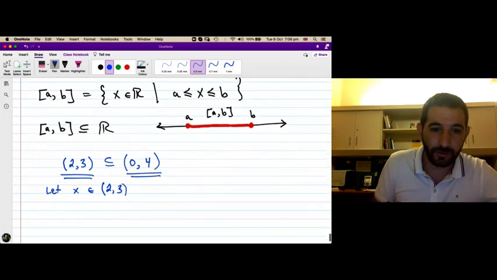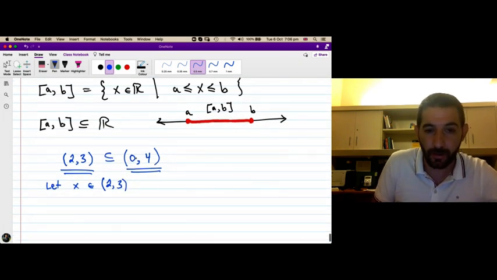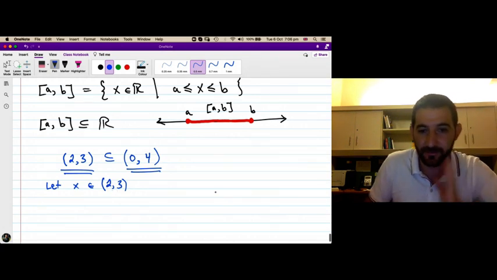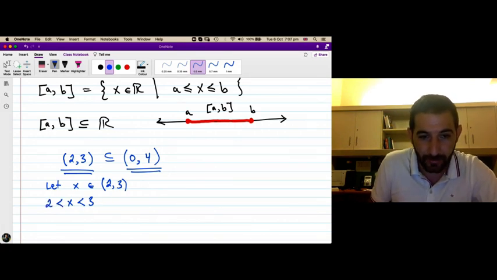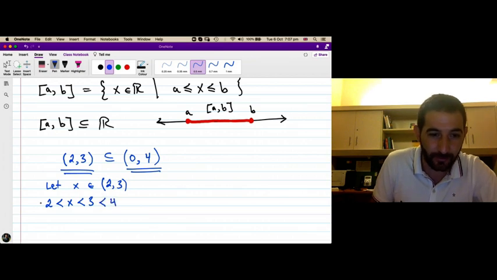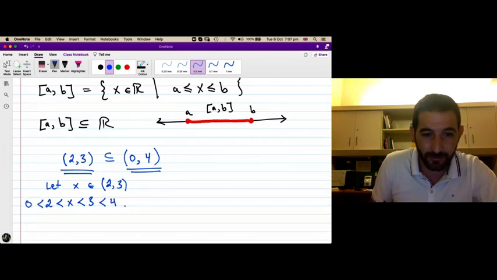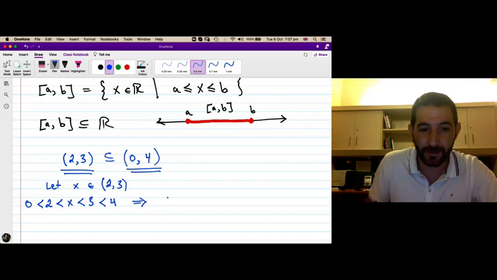We need to show that x is also in the right-hand side set. What does it mean to be in the left-hand side set? It means x is less than 3 and strictly bigger than 2. But we know that 3 is strictly less than 4 and 2 is strictly bigger than 0. So this implies that x is strictly bigger than 0 and strictly less than 4.